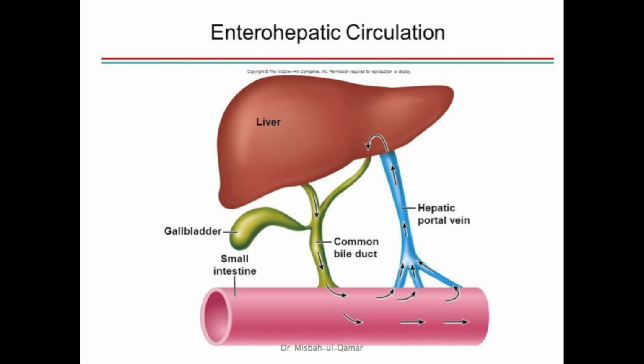You must keep in mind that enterohepatic circulation is significant. The quantity of bile secreted each day is highly dependent on the availability of bile salts. It means the greater the quantity of bile salts in the enterohepatic circulation, the greater the rate of bile secretion.